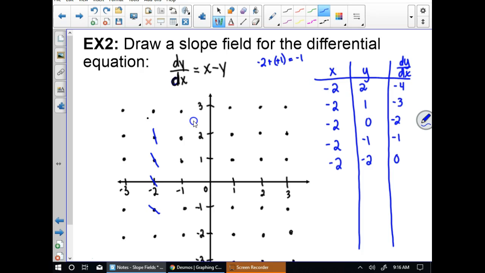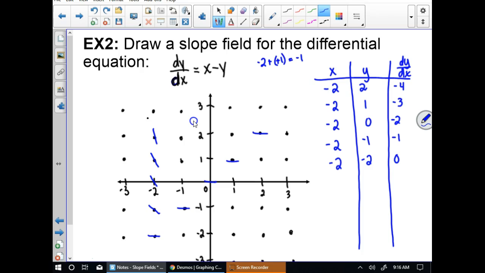So 0, what does that look like? A horizontal line. Okay, can you tell me where all the horizontal lines are going to be? Like -2, -2 is going to have a horizontal line. Where else? 2, 2 will have a horizontal line. Where else? 1, 1. -1, -1. And 0, 0.